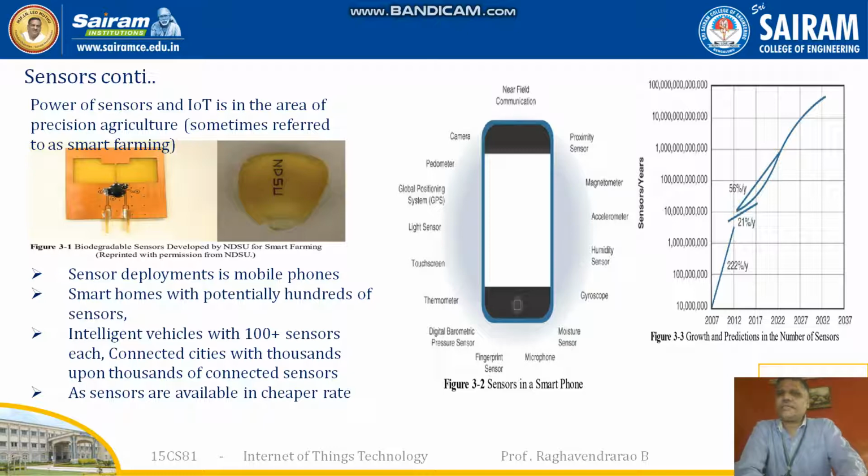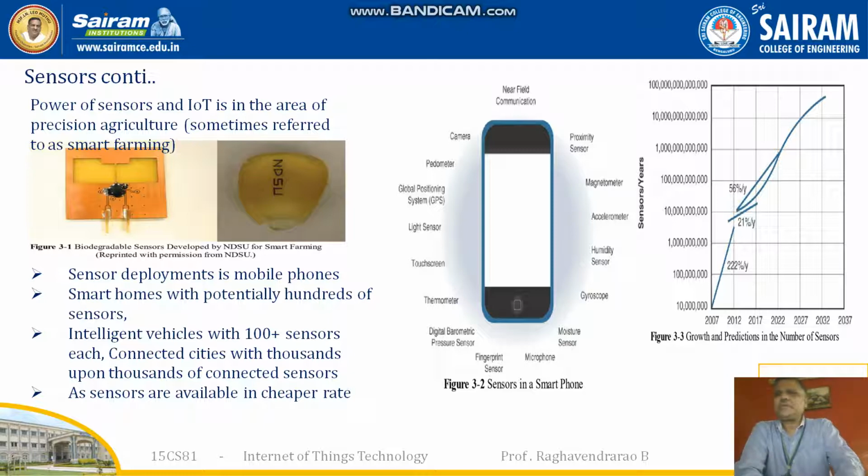Then touch sensors are there. Light sensors are there. Then GPS system, global positioning system. Then we have pedometer, which tells the calories you burn and the steps you take in a day, everything.